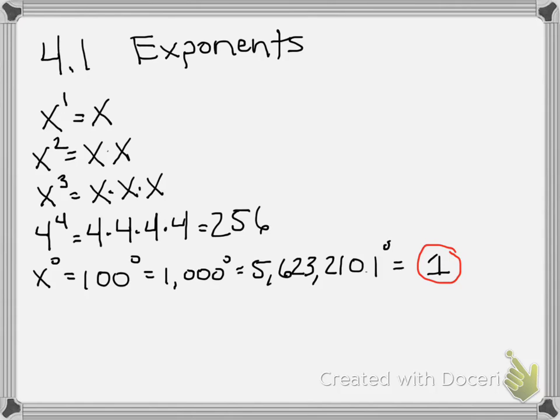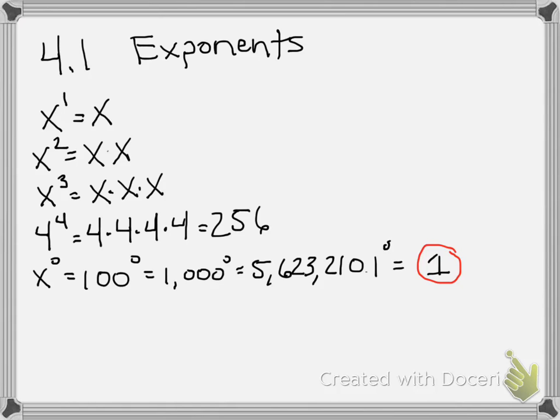But what about when it gets really confusing, where we have x to the 0 power? Well, we have to sort of choose what that equals, and it doesn't matter what the value of x is. It can be 100 to the 0th power, 1,000 to the 0th power, 5 billion, anything to the 0th power. All of these things are equal to 1. With the exception, and we're not going to really worry about this, of 0.